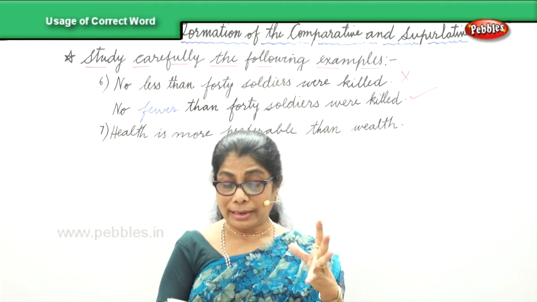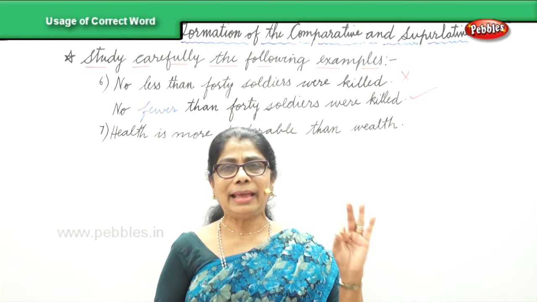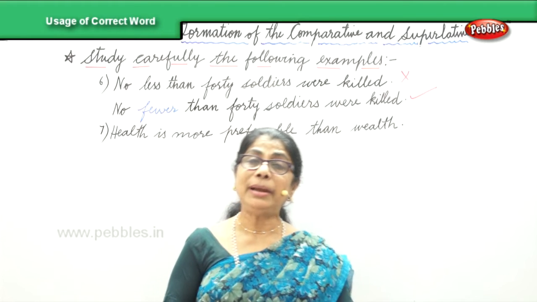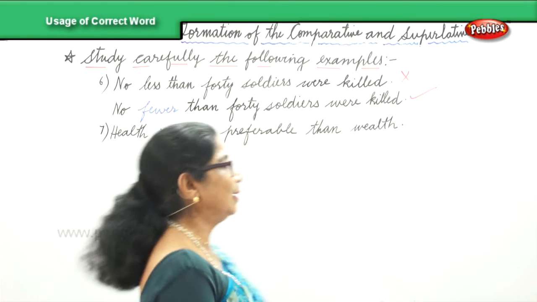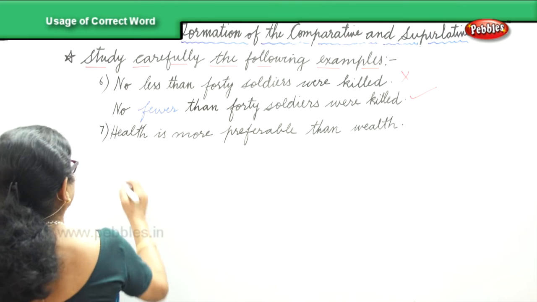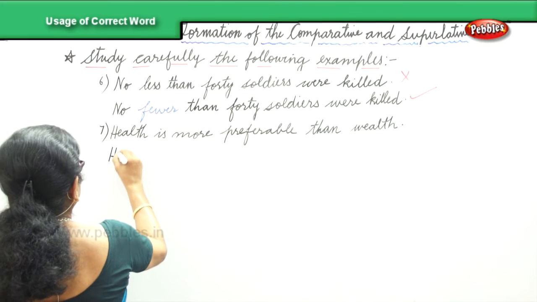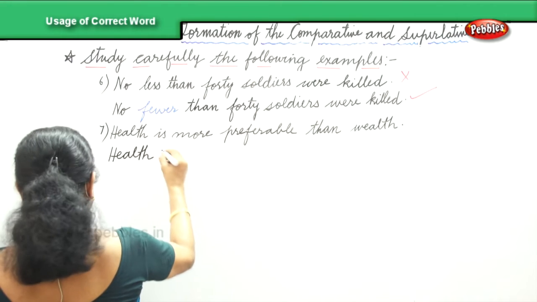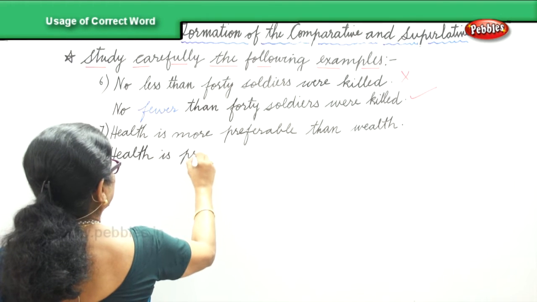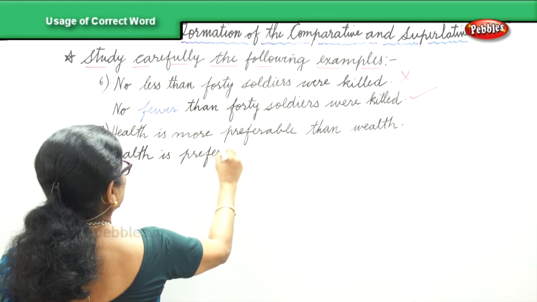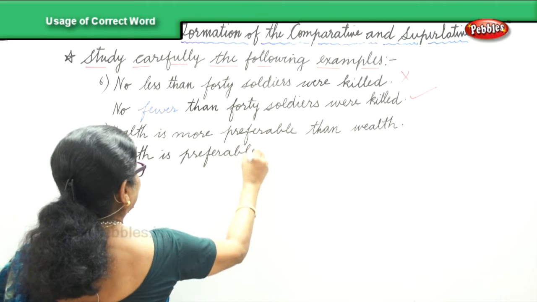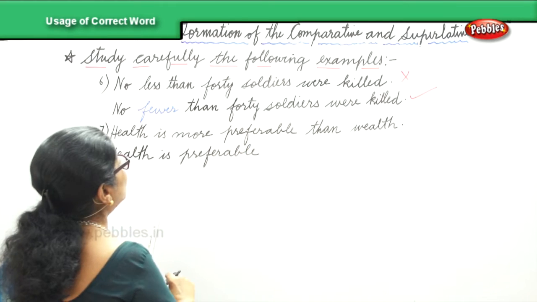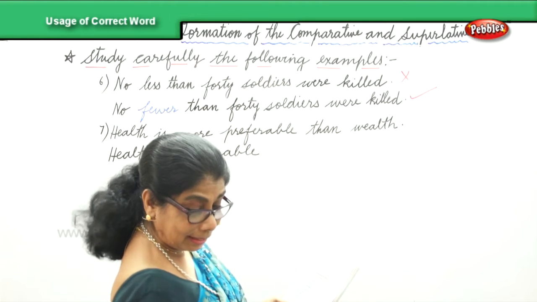It is not correct. All you have to say, health is preferable to wealth. So the right way of saying is, health is preferable to wealth.